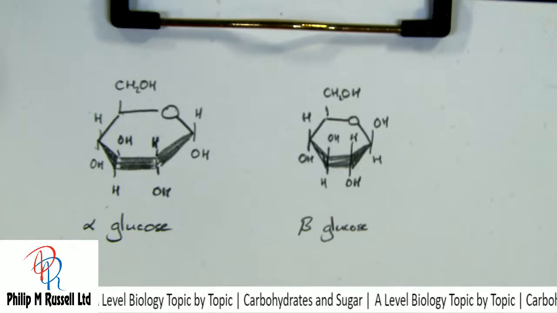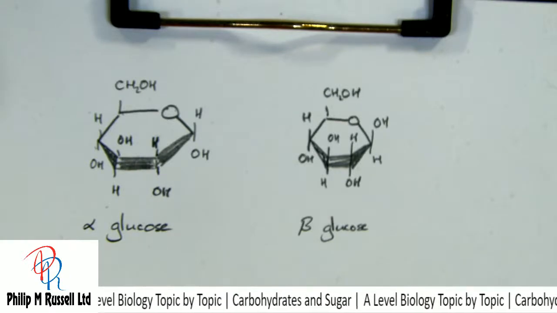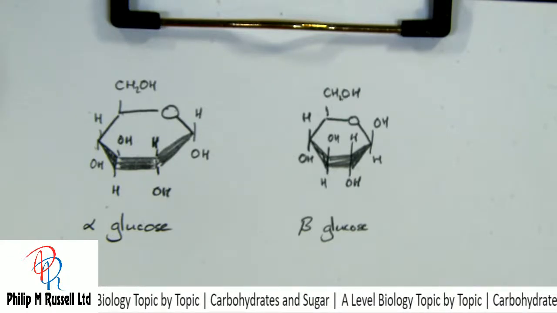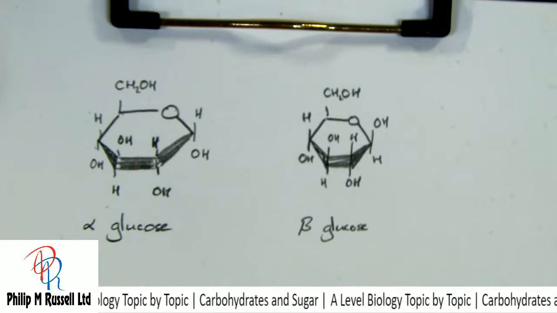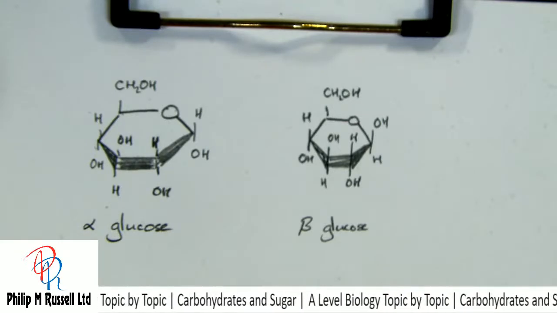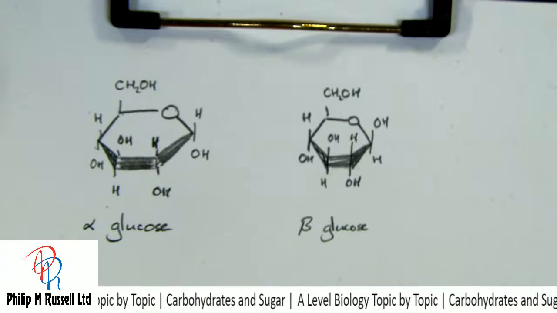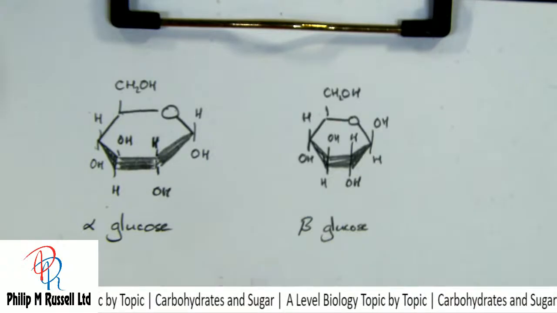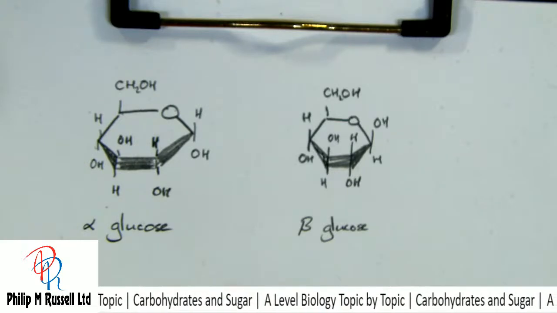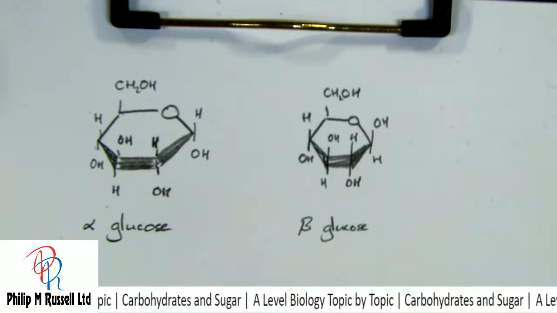So we've got 2 structural variations here, alpha and beta glucose, and the only difference is that the hydroxyl group on carbon 1 is in opposite positions.